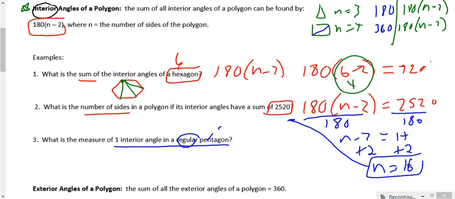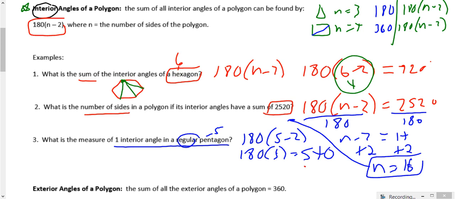There's 5 sides in a pentagon, so if I take 180 times n minus 2, where n is 5, we get 180 times 3, which is equal to 540. Now that's the sum of all the angles in a pentagon. They're all the same, so if I divide by 5, because there's 5 angles, I get each, and that's 108 degrees each.